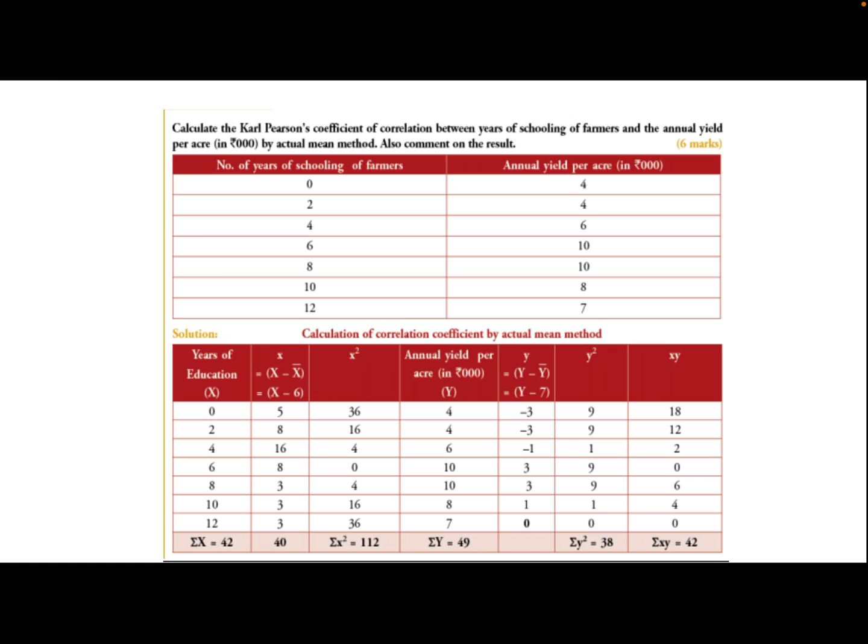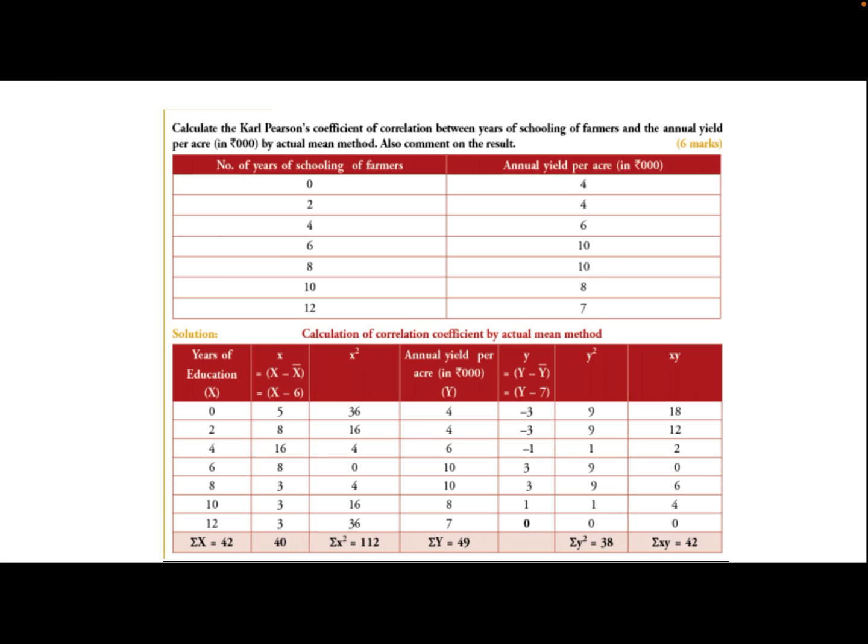As you see in the solution, the first column is of the variable years of education, which we have denoted by capital X. We need to first of all find out the actual mean, since we are using the actual mean method. So for finding out the mean, we total up all the observations of x and divide it by the number of observations.